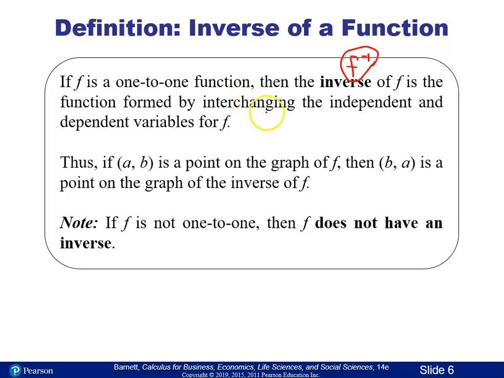Basically, it interchanges your x and your y. Here we have the point (a, b). If this is a point on the original graph, then if we switch the domain and range, we would have (b, a), which would be a point on its inverse. And if the function is not one-to-one, then it does not have an inverse.